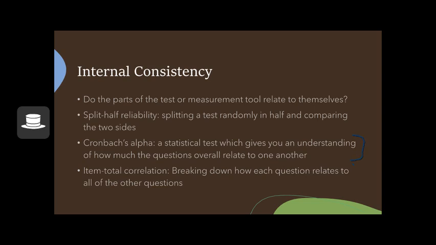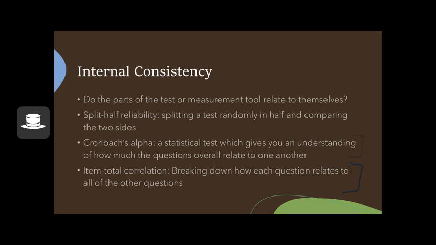The item total correlation allows you to see how each question relates to other questions on the test. So the split half just cuts the test in half and compares the two sides. Cronbach's alpha gives you a score of how consistent your test is, and the item total correlation allows you to see how every question relates to all other questions on the test.